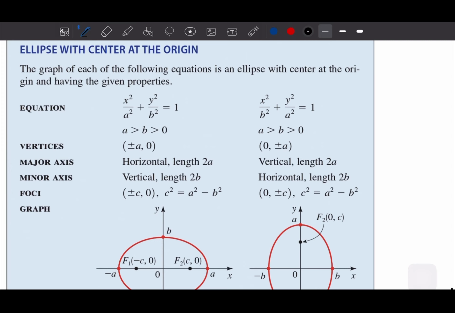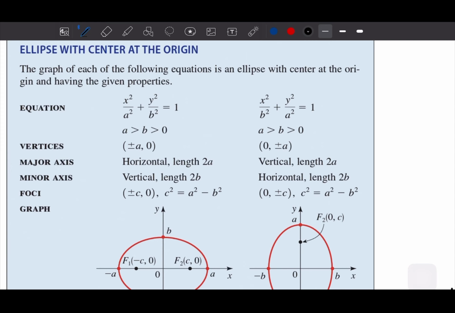In an ellipse, we have what we call the major axis and the minor axis. The major axis is the one that is the longest. For example, the ellipse here is longer on the x, right? So we call the major axis this one. It has length a, from negative a to a here.